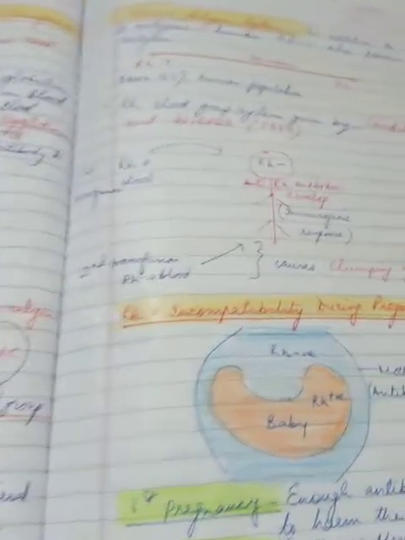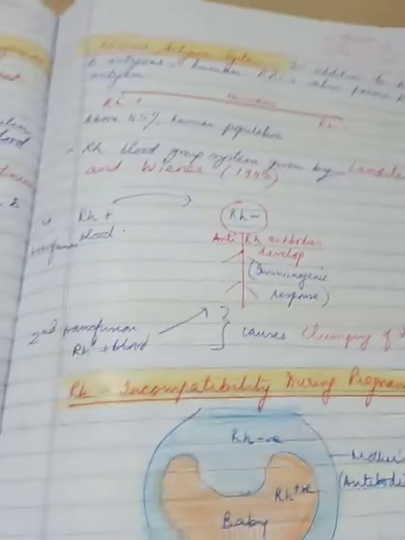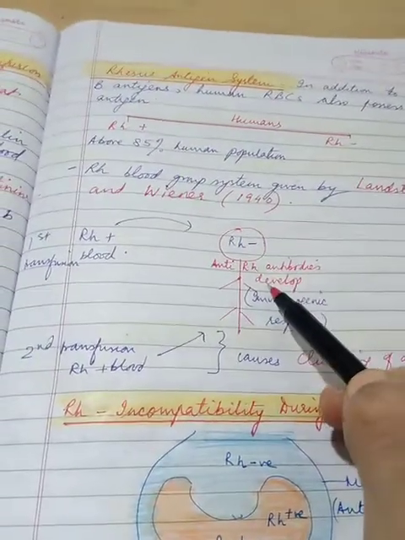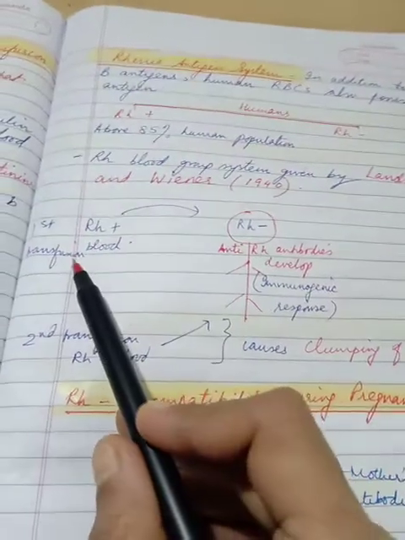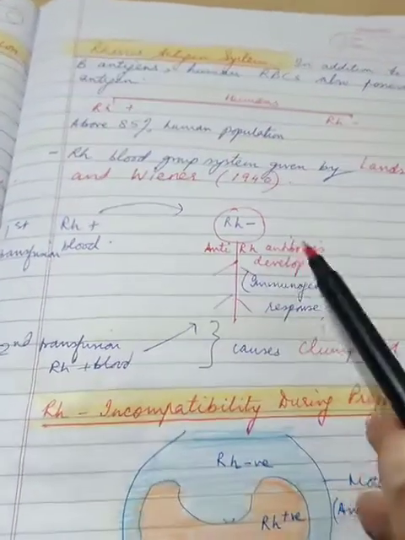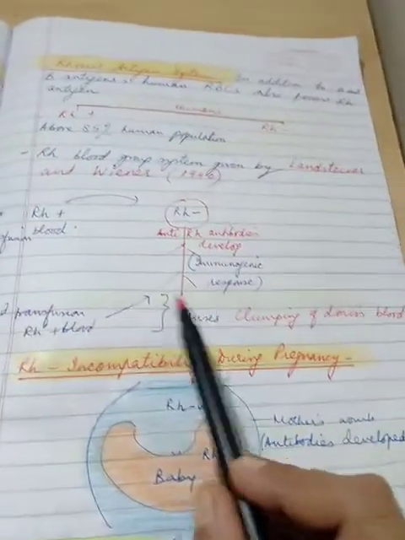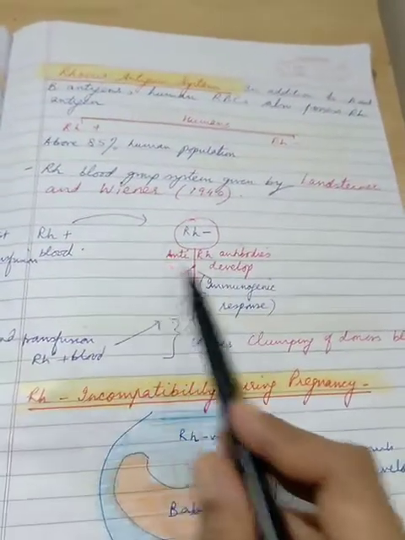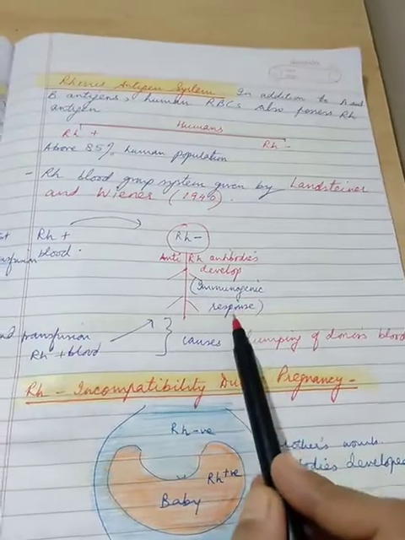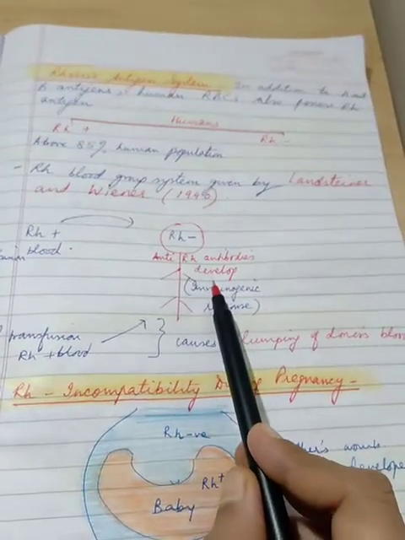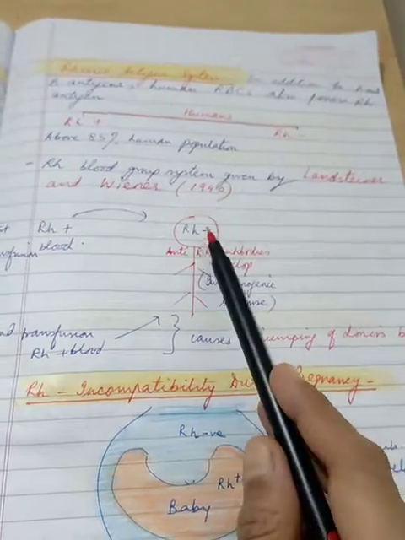I discussed last time one case in which the recipient of the transfusion is Rh negative and the donor is Rh positive, and what happens as a result. That is the first transfusion. In this case, there was an immunogenic response and anti-Rh antibodies developed in the recipient's blood, right?